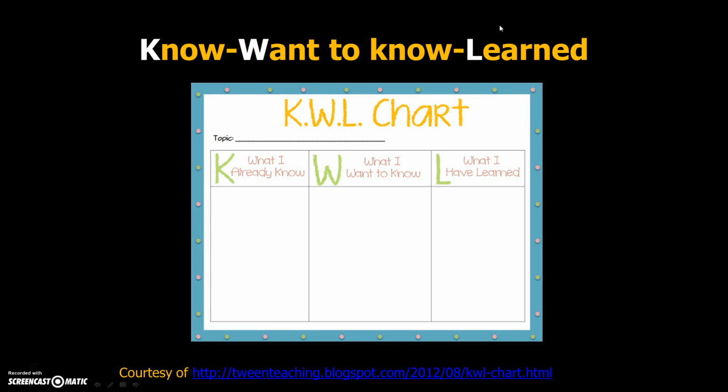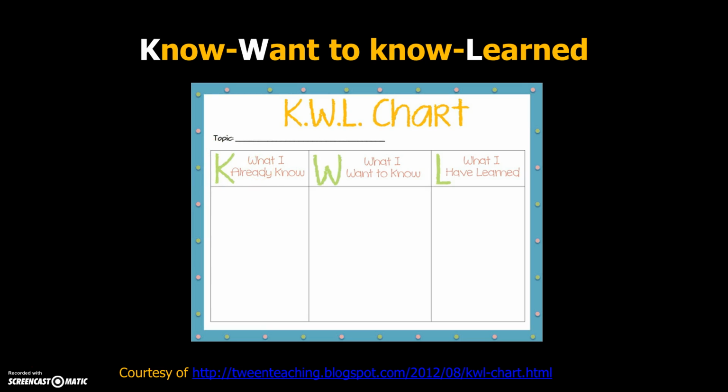So one way that you can use a KWL chart is to have a whole class discussion, and you can introduce a topic. Let's say our topic is the civil rights movement of the 1950s and the 1960s, to go along with our theme of Claudette Colvin, Teens Towards Justice. In this K column, you have students discuss what they already know about the topic of the civil rights movement.